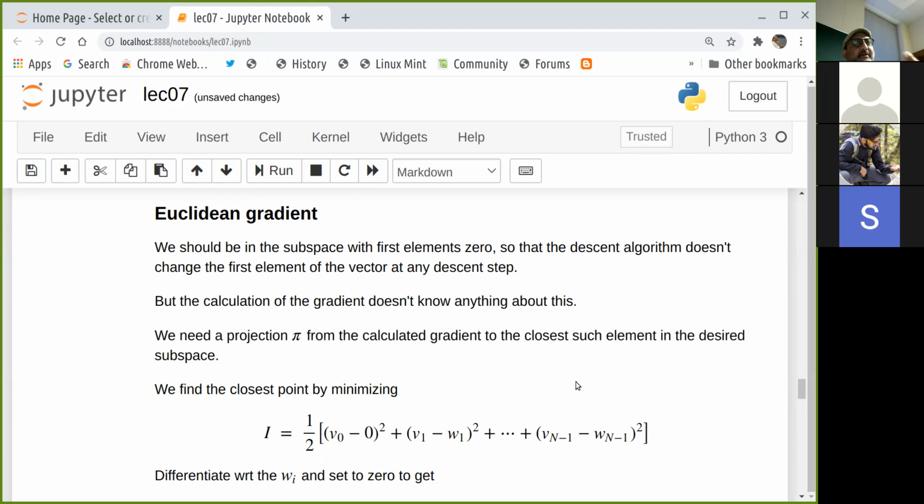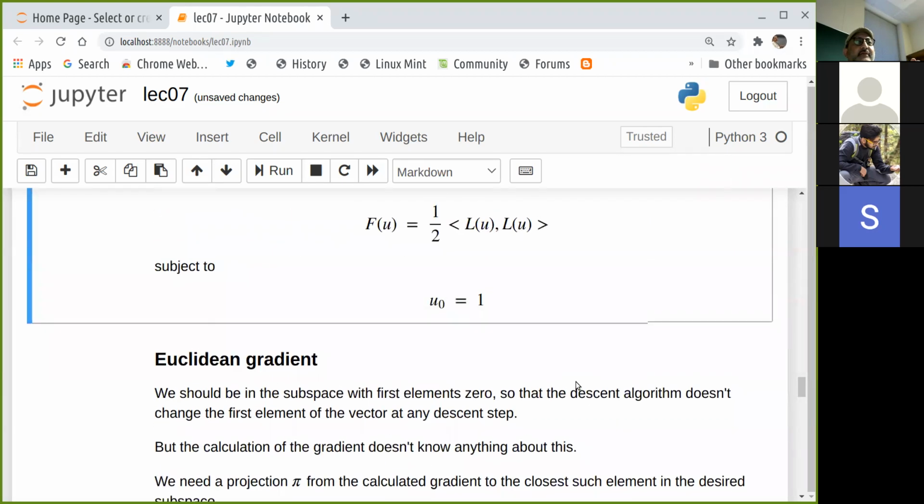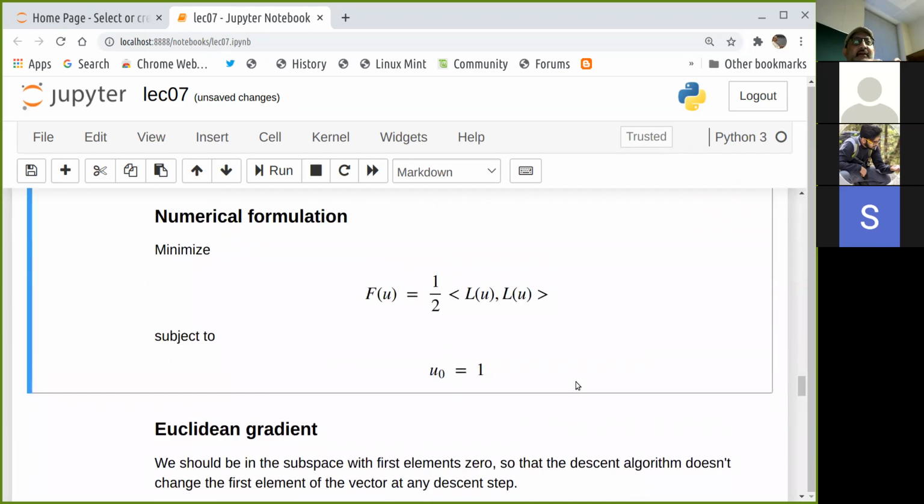All of your estimates should have initial entry 1. What does that say for the gradient? What property do you want for the gradient so that moving in the direction of the gradient doesn't change the initial entry of your estimate u?